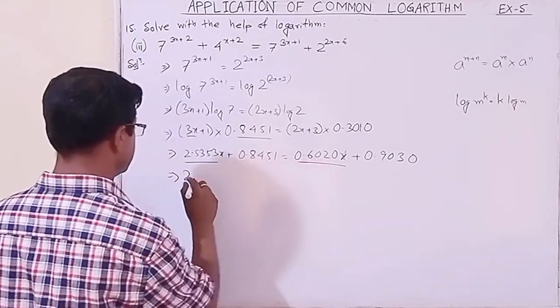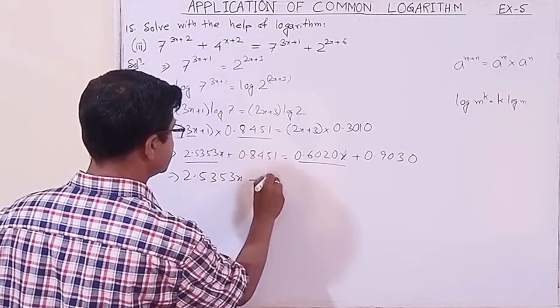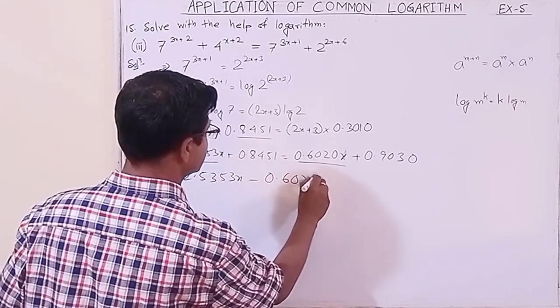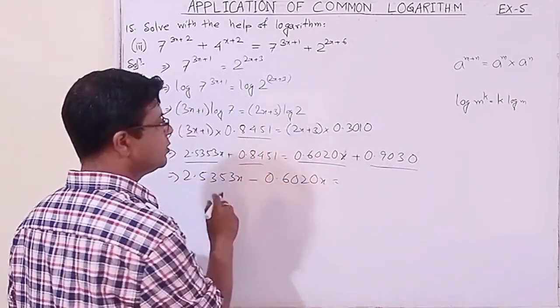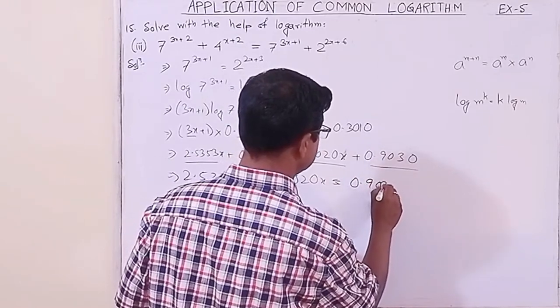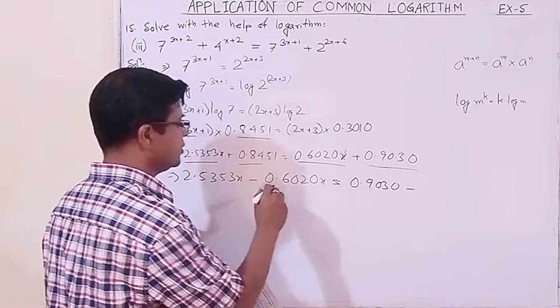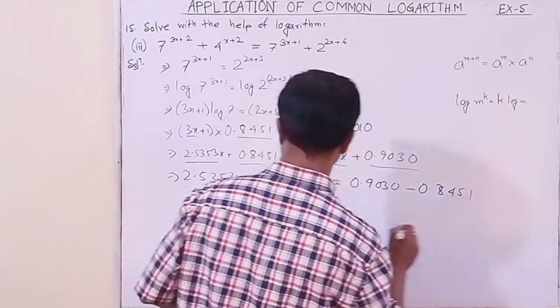These are the two terms that should be on the left hand side: 2.5353x minus 0.6020x, and the term without x will be on the right side, that is 0.9030 minus 0.8451.